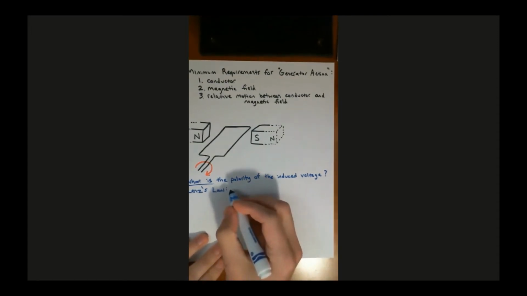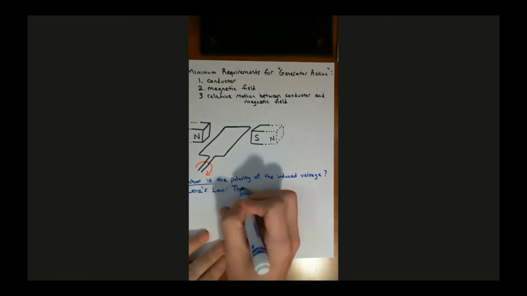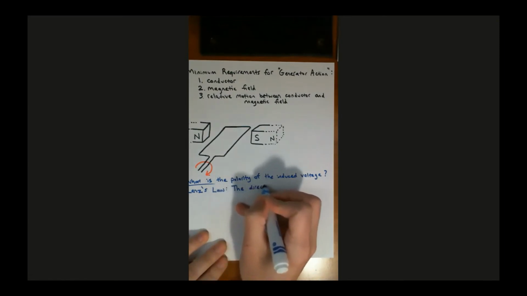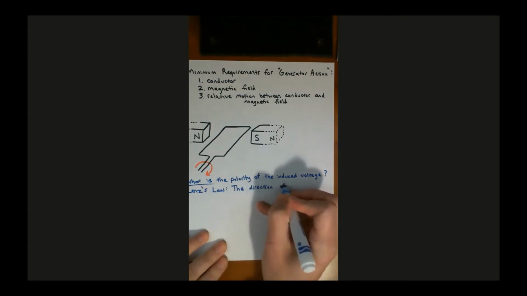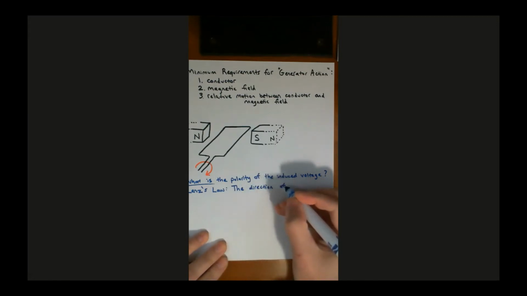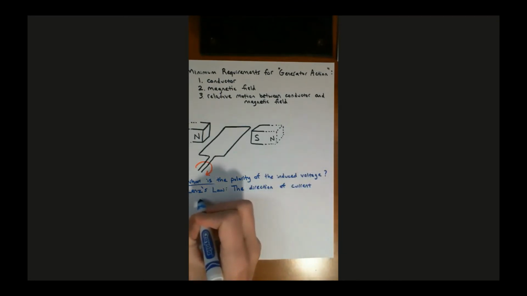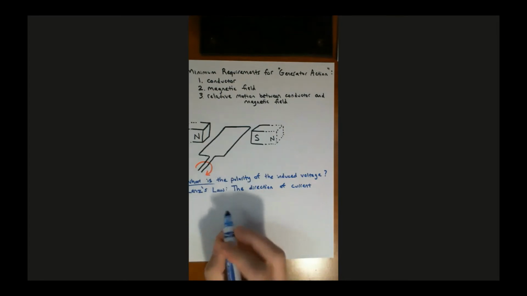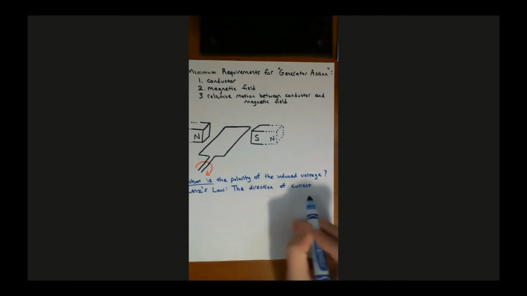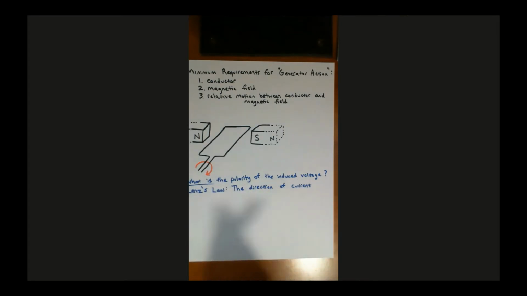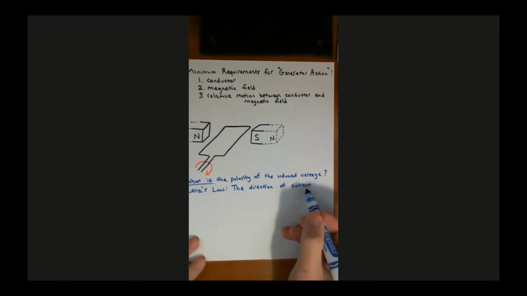All right, so what it says is the direction of current induced in a conductor, and this is a little bit problematic already because we don't directly induce a current, we induce a voltage. However, this is kind of shorthand. We induce a voltage, and as a result of that induced voltage, we get current to flow if we have a complete circuit.